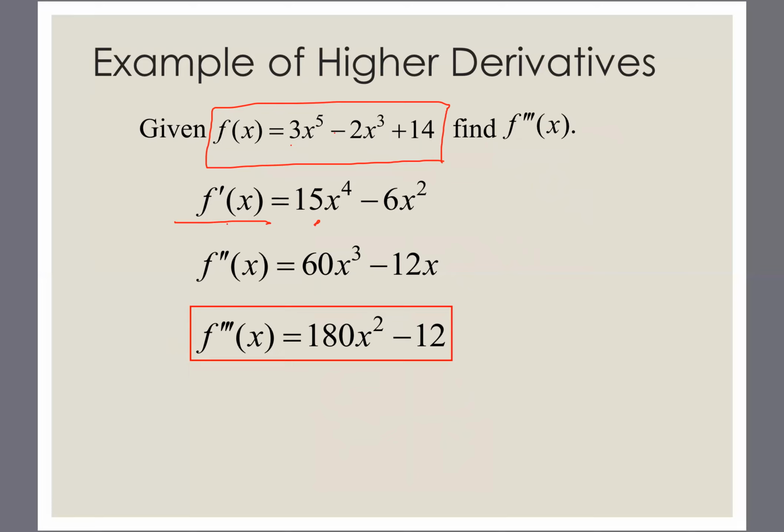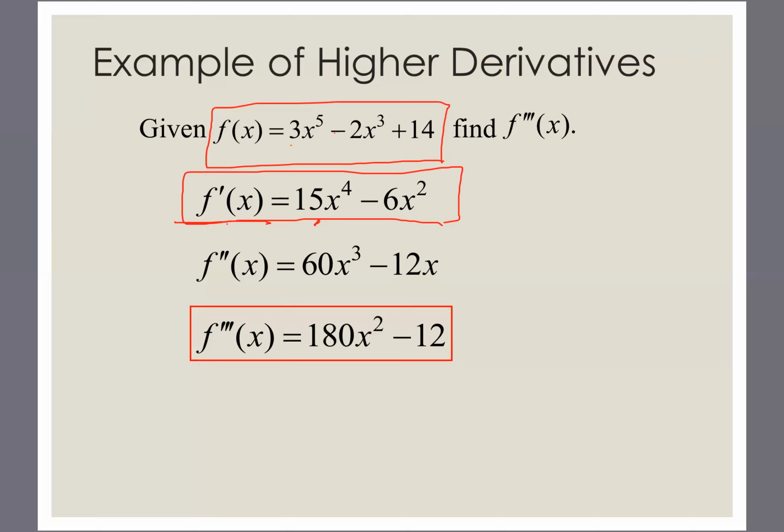And the second term, minus 2 multiplied by 3 becomes 6, and the power 3 minus 1 means 2. And when we differentiate 14, it becomes 0, no need to write. Then you can see this is the answer for the first derivative of the given function.